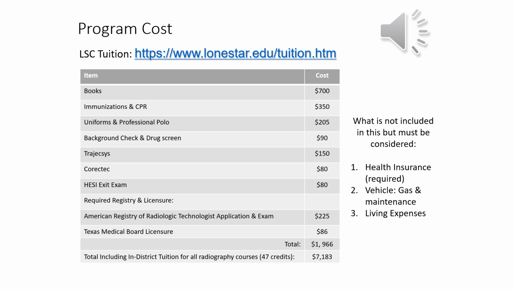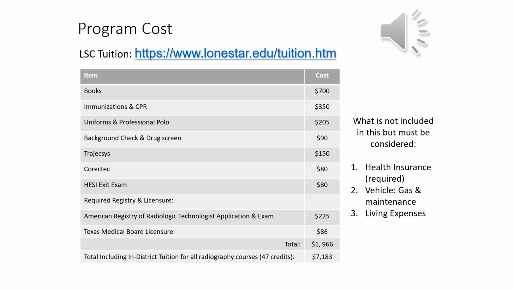And this is with 47 credits, which are just those radiology classes. Not the co-requisites or the prerequisites that are going to be shown to you on a couple slides from now. So what's not included that you should consider are the things on the side here.